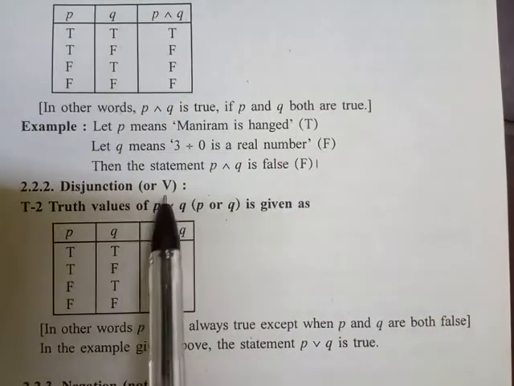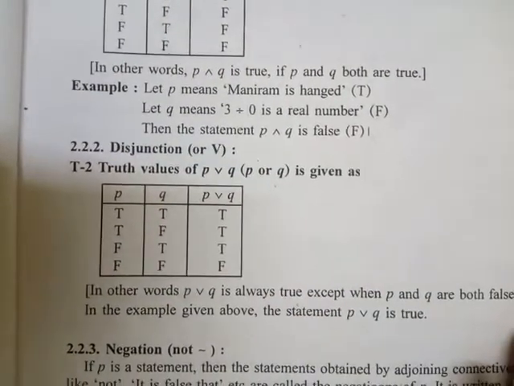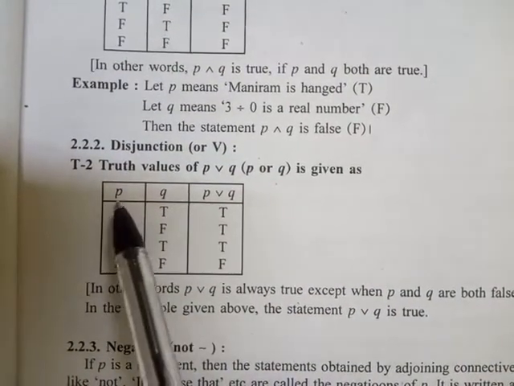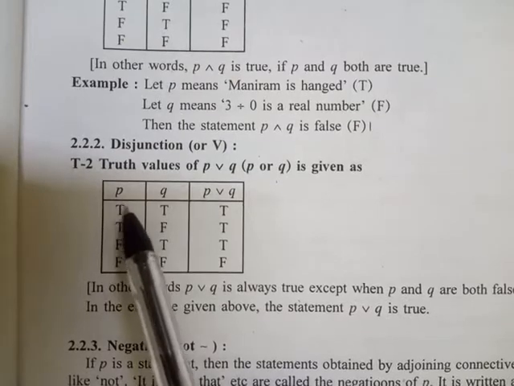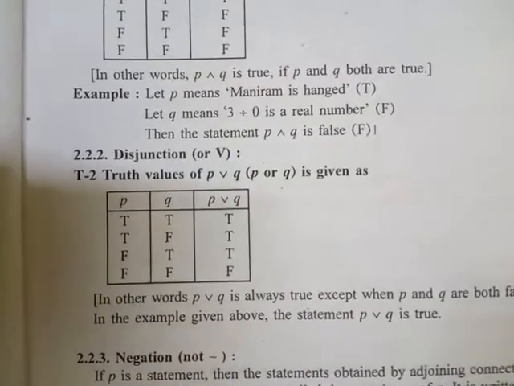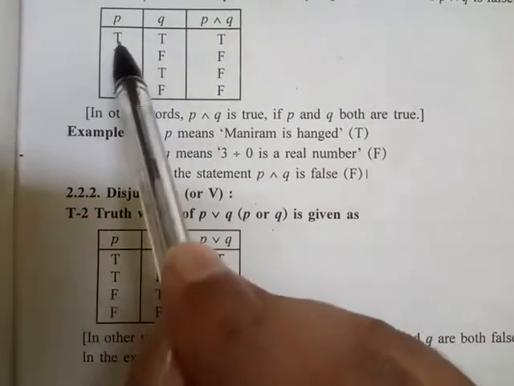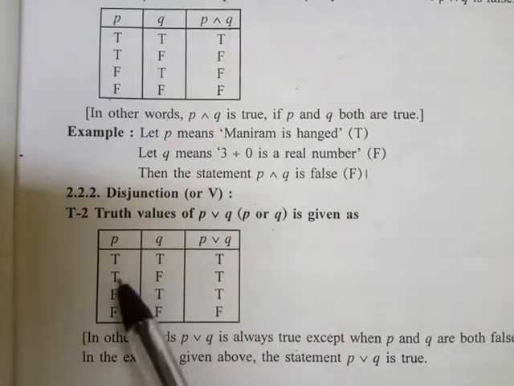Now look, the next one, disjunction, and the symbol is like this. Now look how to solve this. Look here, P true, true, false, false, and Q true, false, true, false. Look here, student, for the conjunction also, the first two statements are the same: true, true, false, false. Here also true, true, false, false.